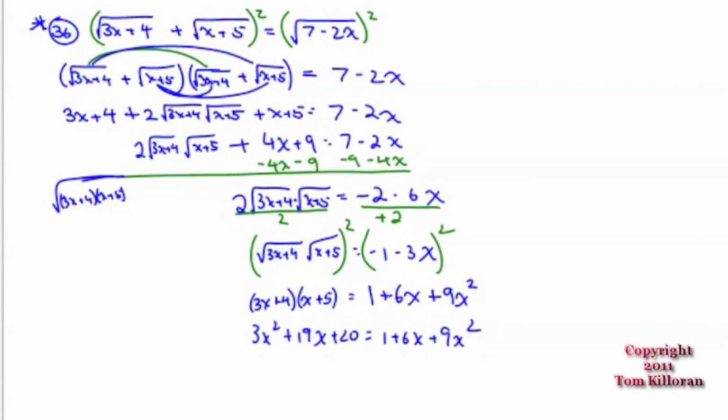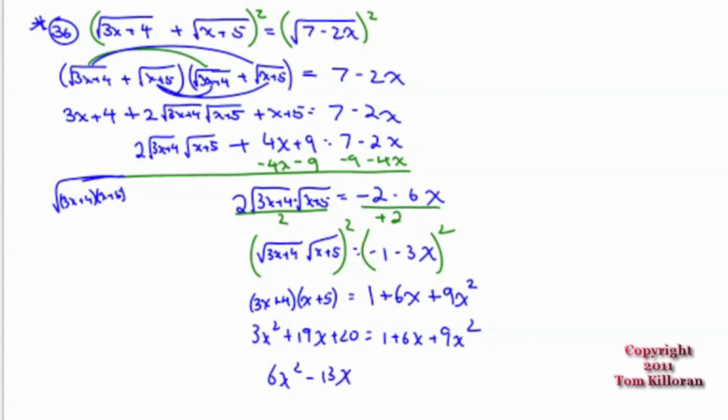So I'm going to make this left to right, but I'm going to write it backwards. So 9x squared minus 3x squared is 6x squared. 6x minus 19x, negative 13x. Did I do that the right way?